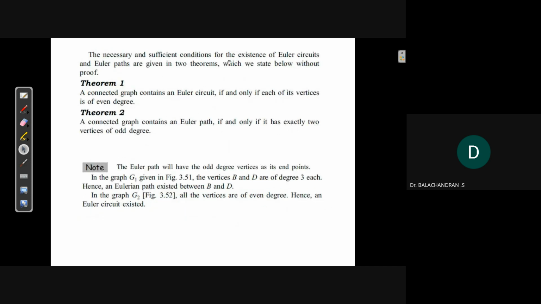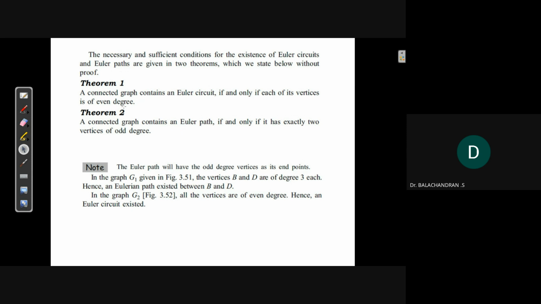The necessary and sufficient conditions for the existence of Euler circuits and Euler paths are given in the following two theorems. The proofs are not needed. A connected graph contains an Eulerian circuit if and only if each of its vertices is of even degree.